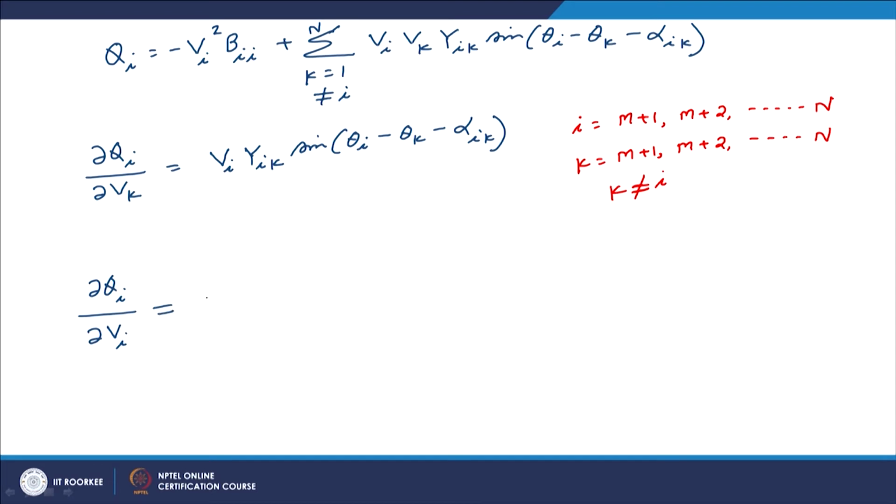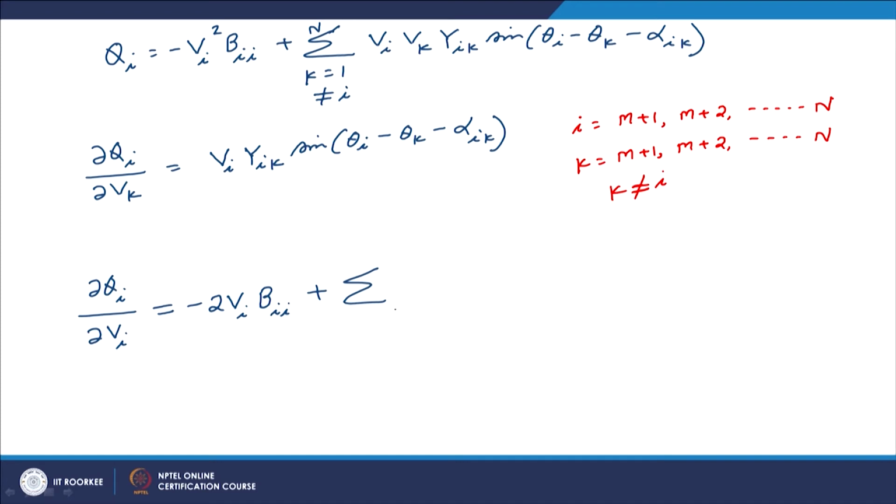The last one is del q i by del v i. So, here it is minus 2 v i b i plus, please note that in this expression of q i, all the terms inside this summation symbol have this quantity v i.